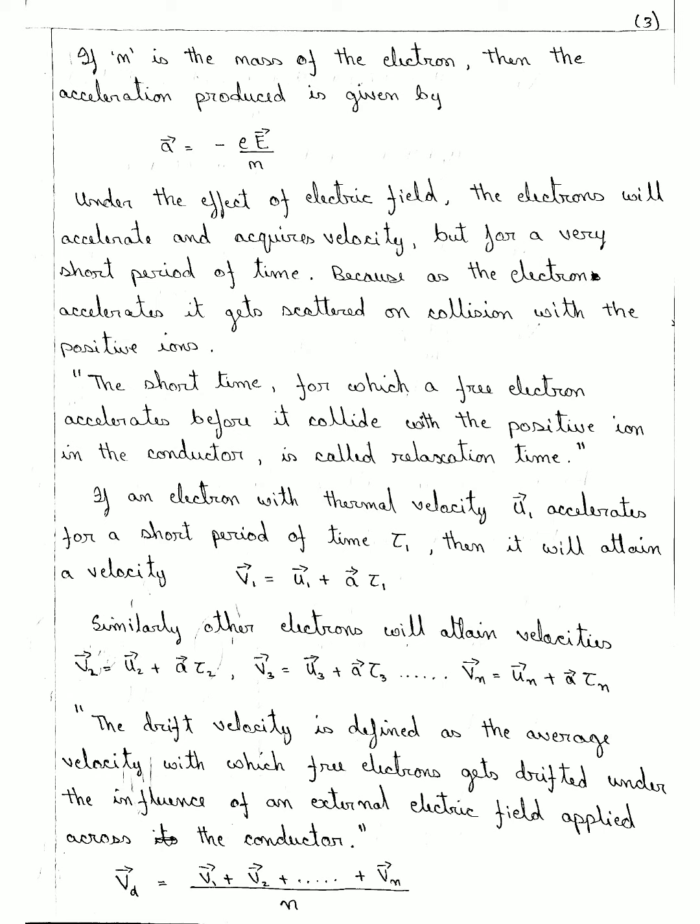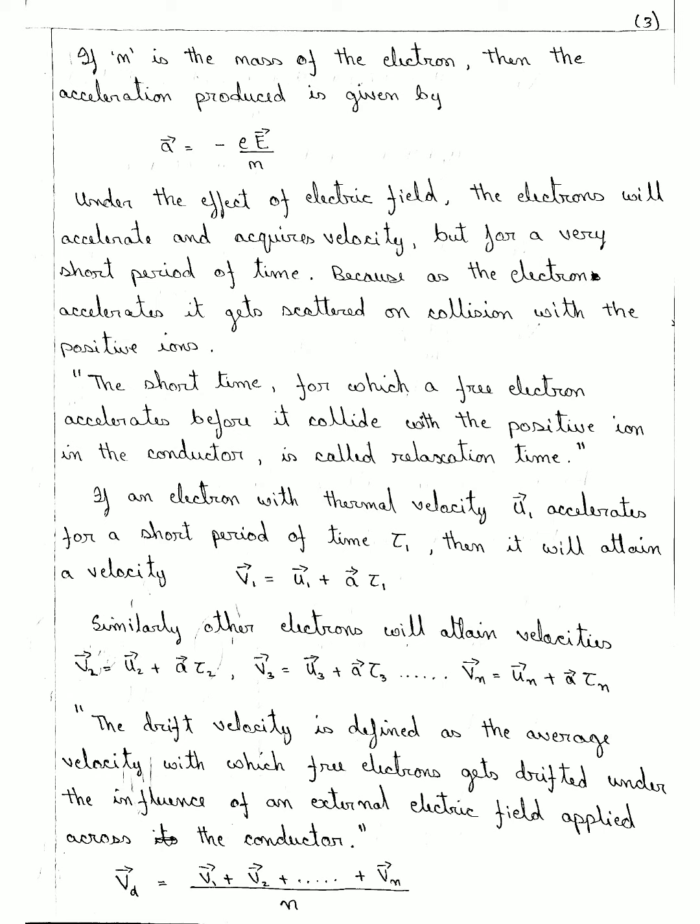Here u1 is the initial velocity, a is the acceleration, tau1 is the time in which the electron accelerates, and v1 is the final velocity it attains. Similarly, other electrons will attain velocities v2, v3, ... vn, where n is the number of free electrons.